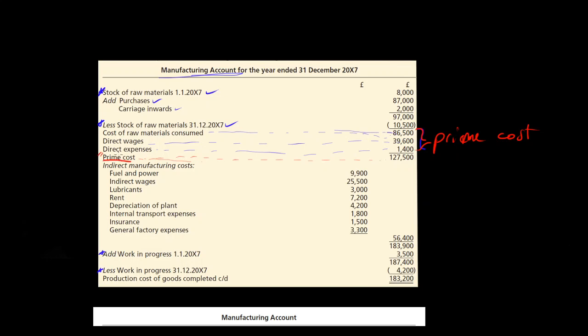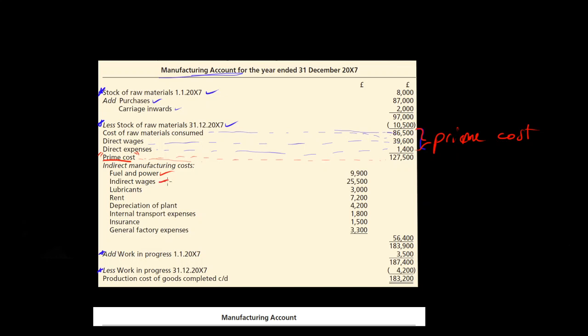You must write this. If you don't, you might lose a mark, and they might even ask you the definition of prime cost. So the prime cost consists of direct materials, direct wages, and direct expenses. So it's all the direct costs of production. As I said earlier, next we have indirect manufacturing cost. We have fuel and power. These can be linked with the manufacturing, but these can't be directly linked with each unit produced.